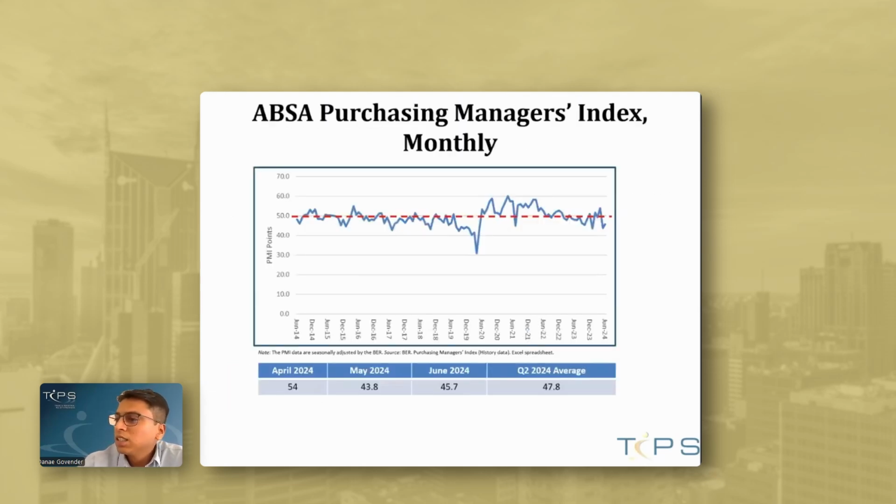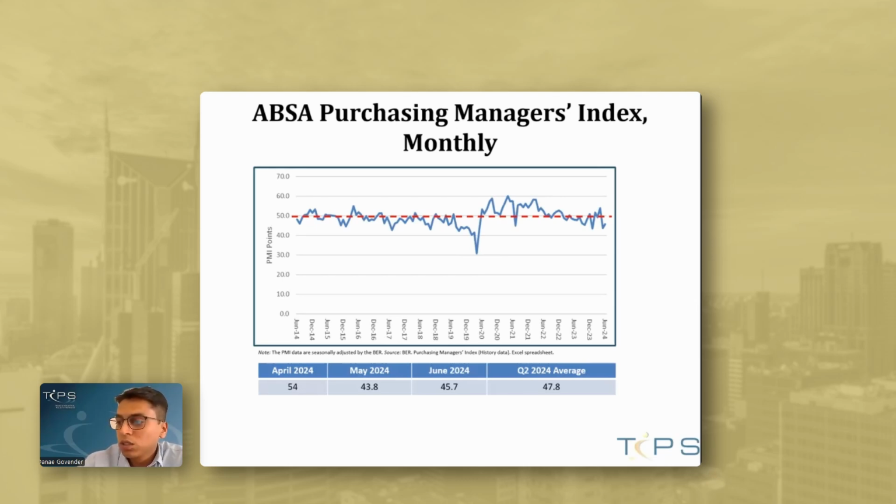The next indicator considered is the Absa Purchasing Managers Index, or the PMI, which at the start of the second quarter of 2024 showed a marked improvement, increasing to 54 points in April from 49.2 points in March. But in contrast to the April figures, the PMI declined below the 50-point neutral mark in May 2024 to 43.8 points.